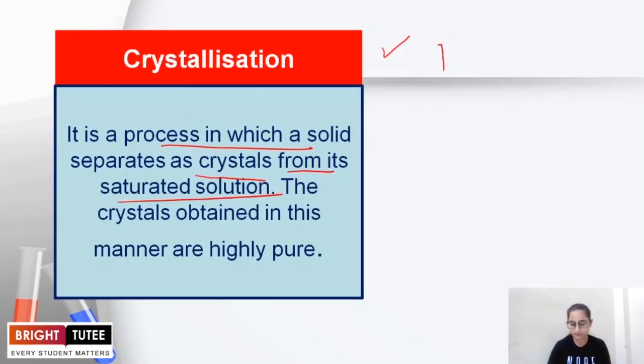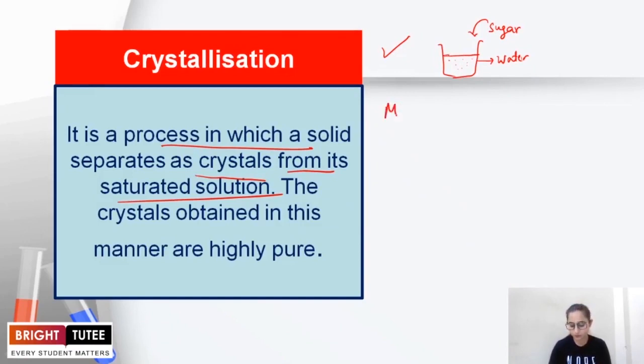Let us understand. For example, you have water, right? You have taken water in a bowl, or you can say a beaker, and you are adding sugar to it, right? You add 1 teaspoon, it will get dissolved. You add 2 teaspoons, it will get dissolved. But there comes a time that there is a lot of sugar present in the water now, and you cannot dissolve any more sugar.